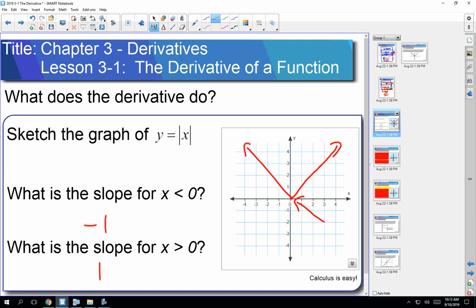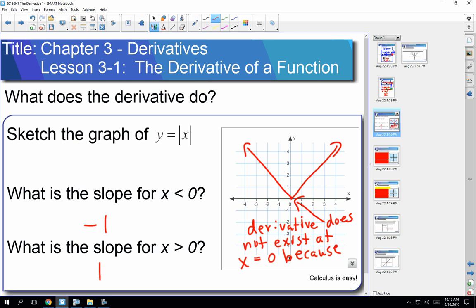Okay, so let's write that down. Right here, no derivative. The derivative does not exist at x equals 0 because it's a corner, you could say that.